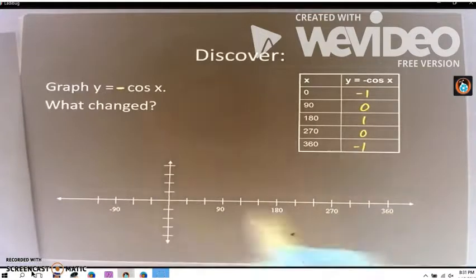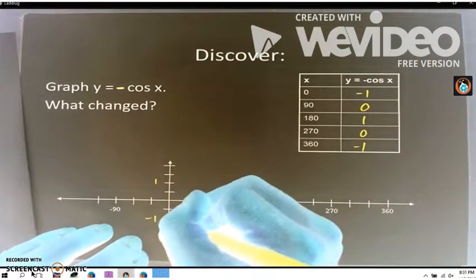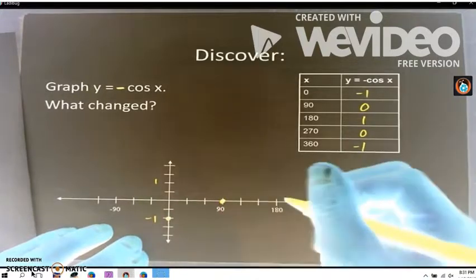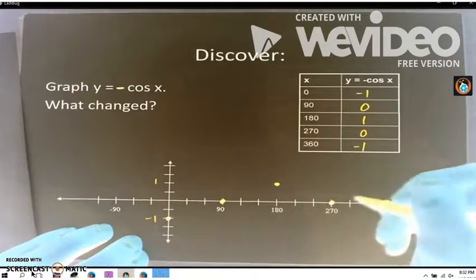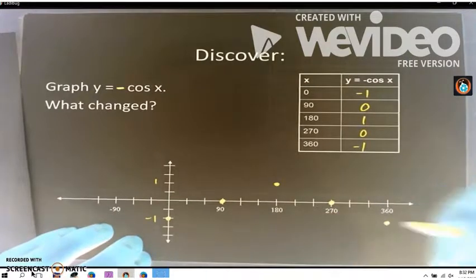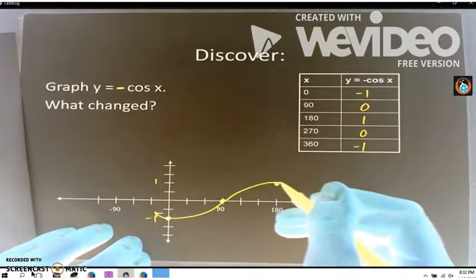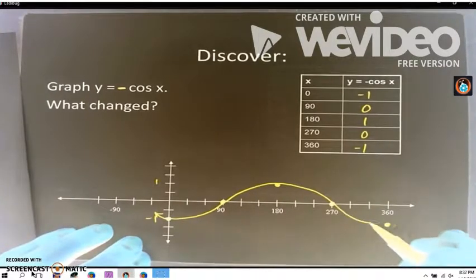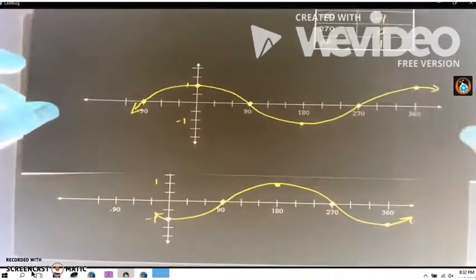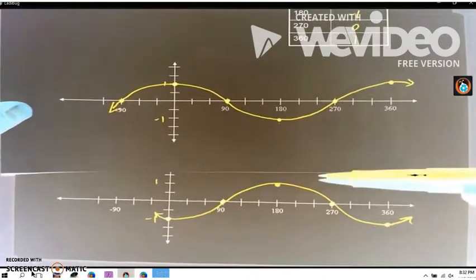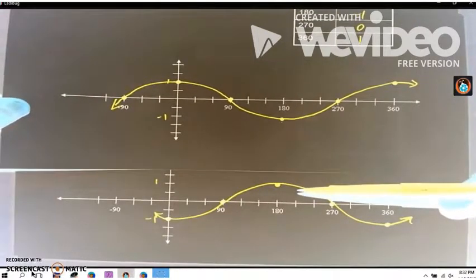And now as I graph all of these, starting off down here at negative 1, 90 is still 0, 180 is positive 1, 270 is 0, 360 is negative 1. And when we compare these graphs, you will see that from the parent function to this, it was just a reflection over the x-axis.